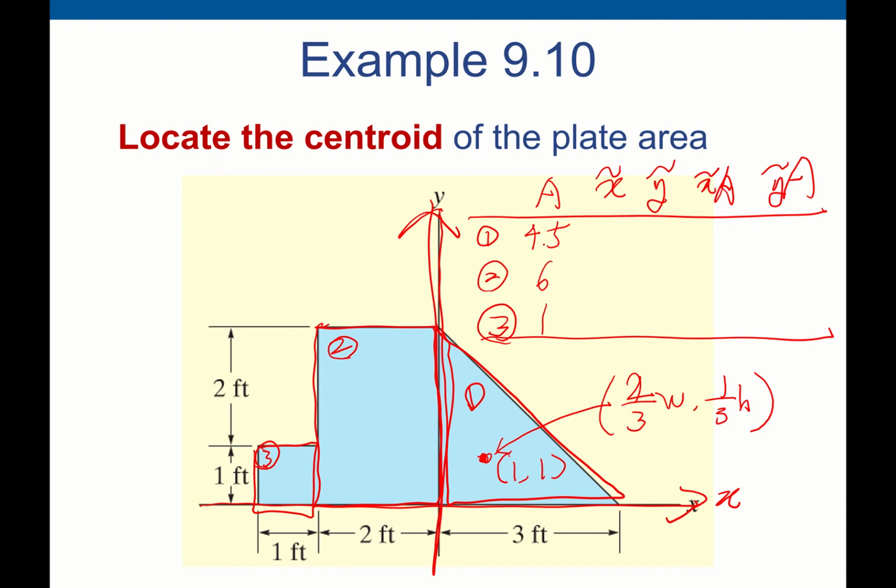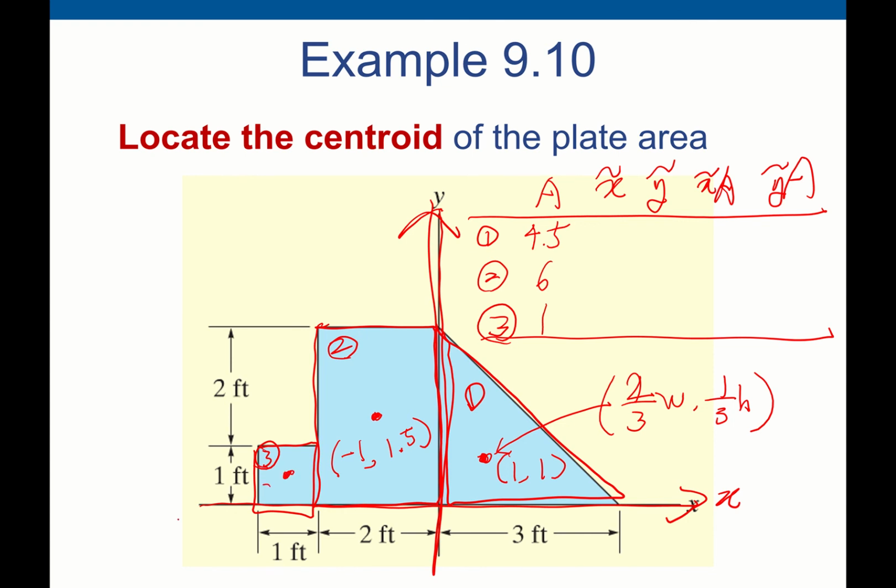Okay, and the centroid of this one should be in the middle, because this is a rectangle, and we assume that this is uniform density. So minus 1, 1.5, because 1.5 is the half point of the height.